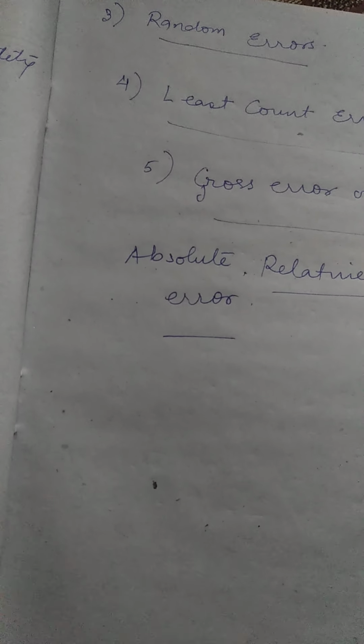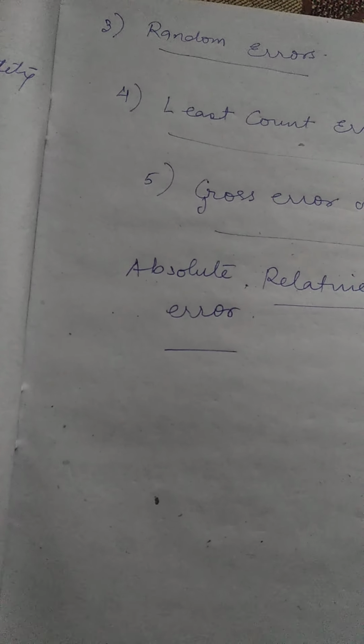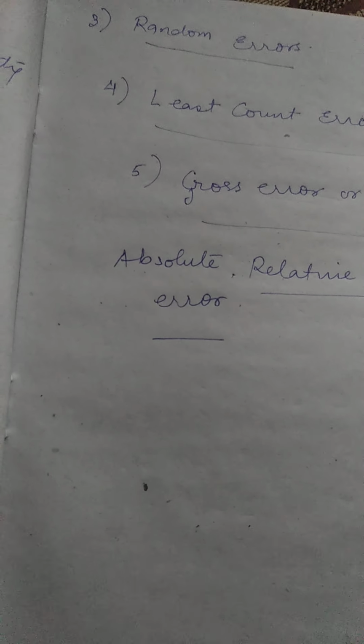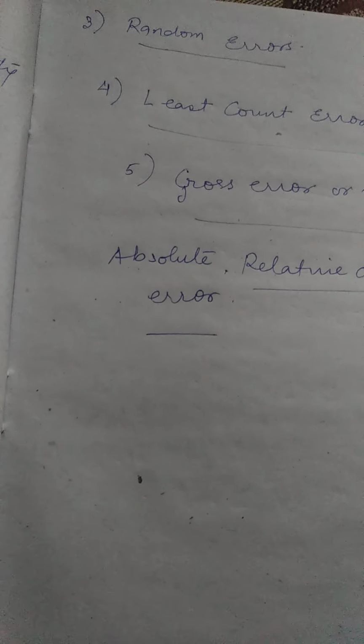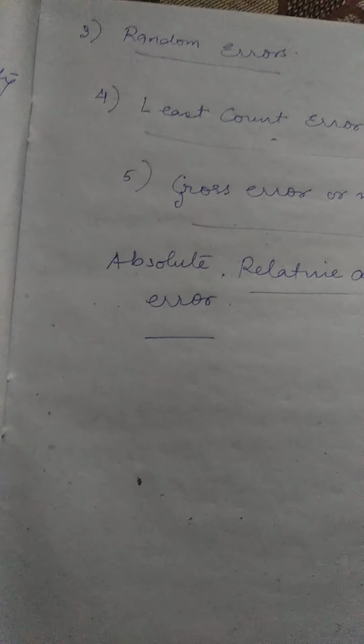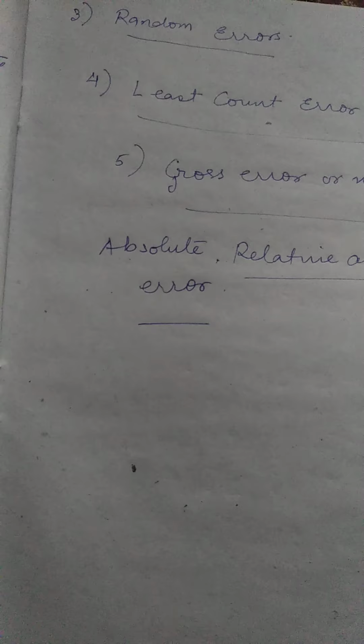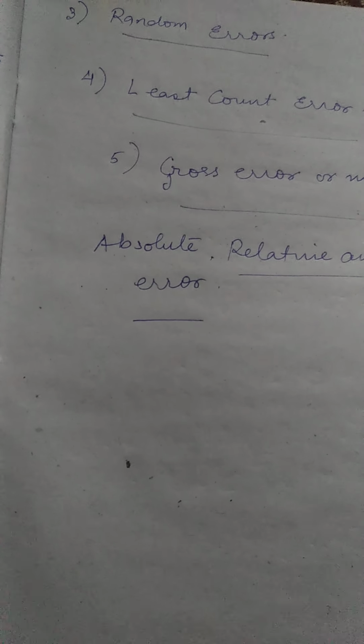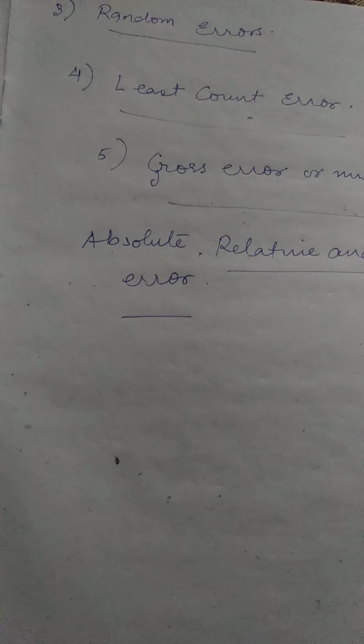Then its true value will be given by the arithmetic mean of all. You will take many values and take their mean, and you can remove the random error. But absolute error: the magnitude of difference between the true value of the quantity measured and the individual measured value is called absolute error.